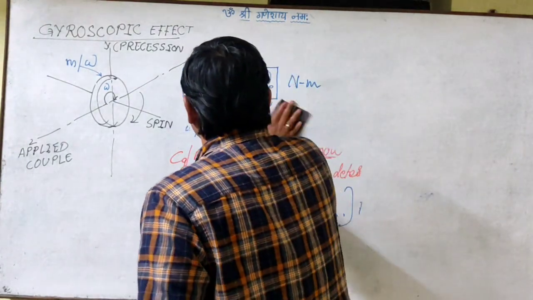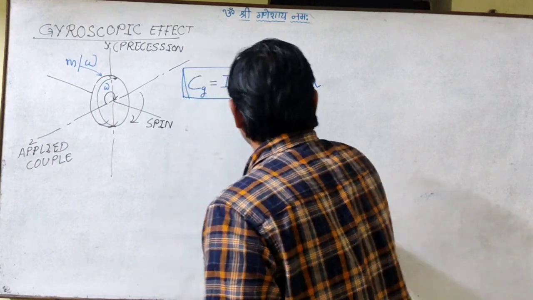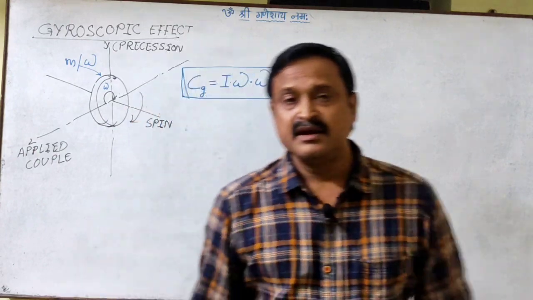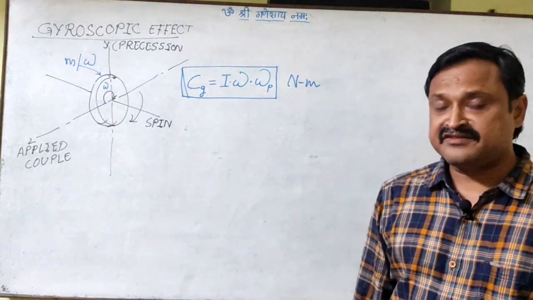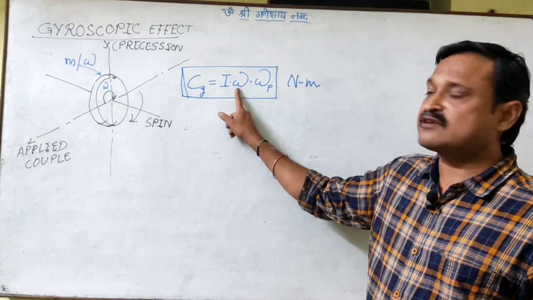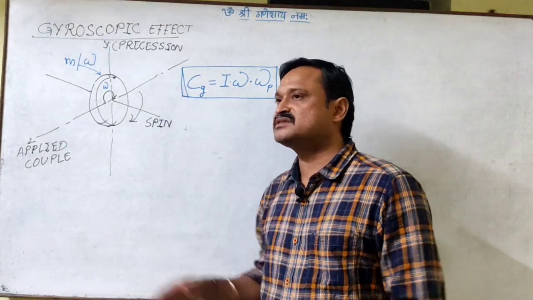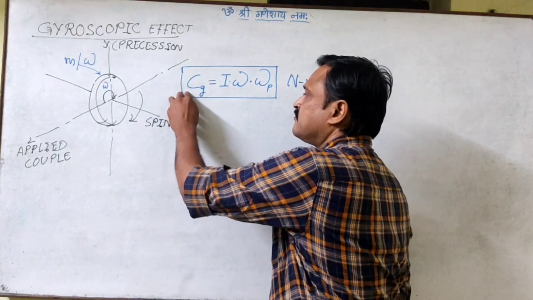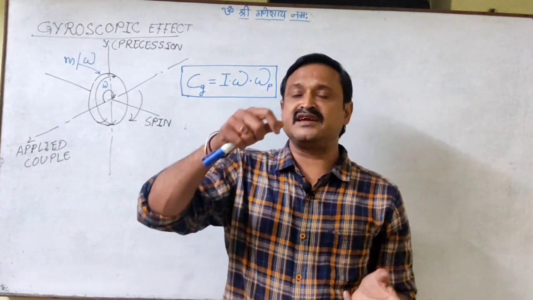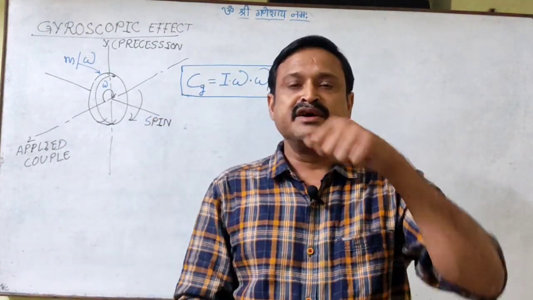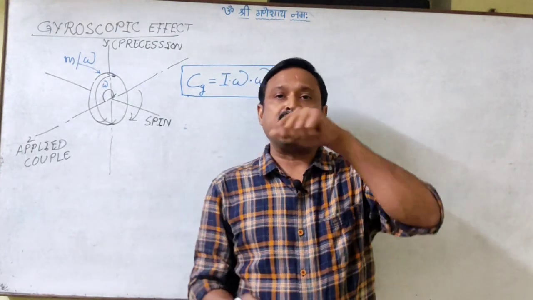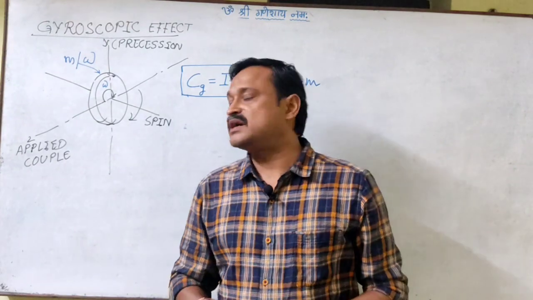Now it's obvious that this couple, when we say couple, will have magnitude and certainly it will have direction. This is a vector quantity, so obviously a couple will be a vector quantity because it will have magnitude, as well as a sense of rotation or sense of application, so it might get applied clockwise or counterclockwise.